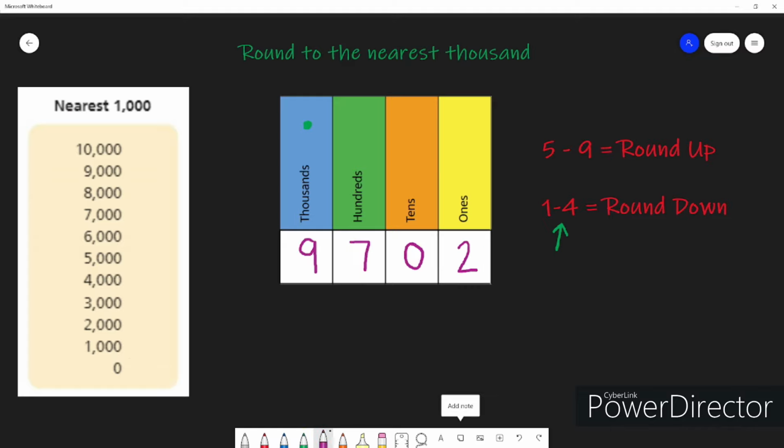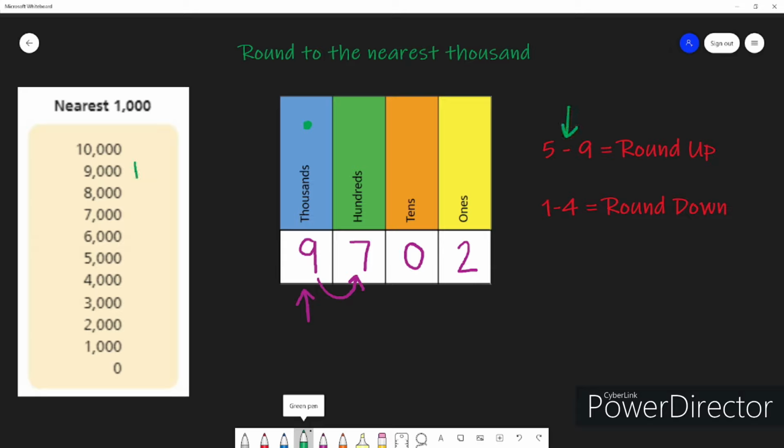Our story of rounding to the nearest thousand continues with the number 9,702, where our follower today is the number 9, with its leader being the number 7. And our leader is just going to be an arcing arrow. Going on with the story, the 7 tells the 9, since I am within the 5 to 9 range, I'm going to push you up to the sky.